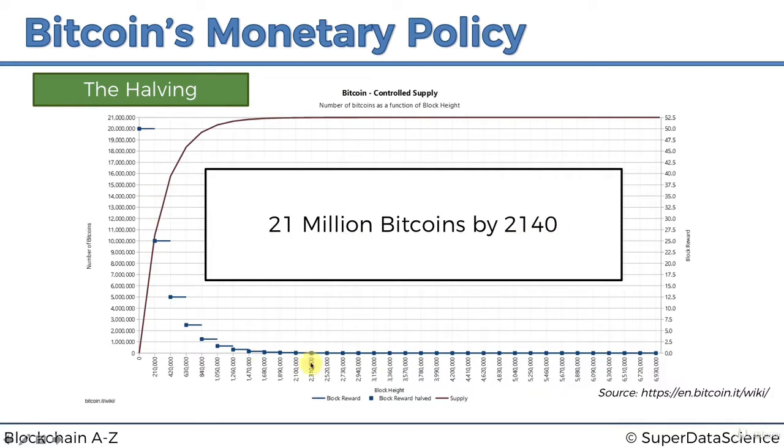So theoretically, it could keep halving until infinity, but because there is a certain number of decimal places that a Bitcoin can handle, the final block reward, the final Bitcoins released in this manner, will be in 2140, and the total number of Bitcoins in circulation ever will be 21 million Bitcoins.